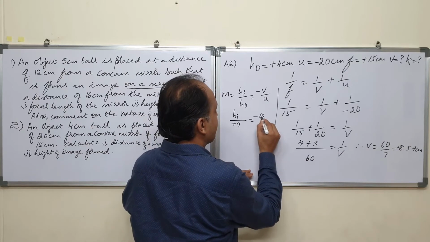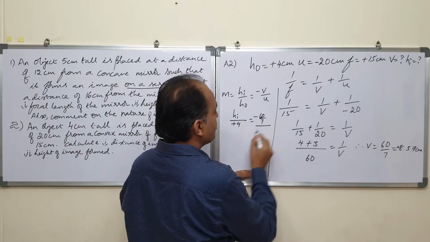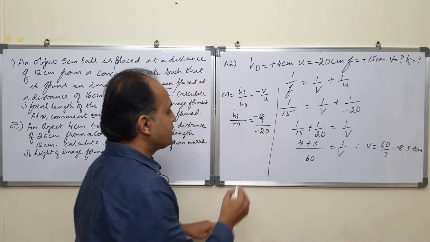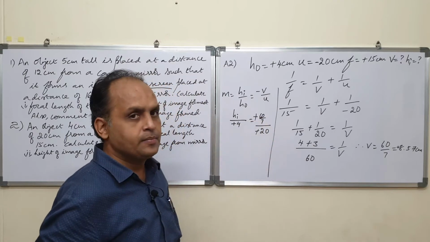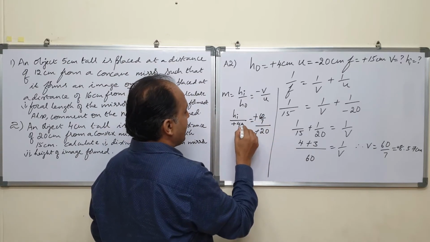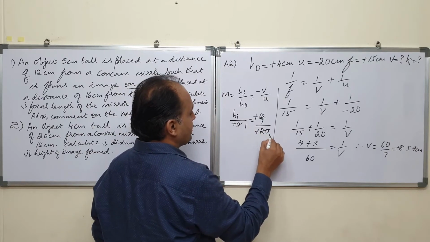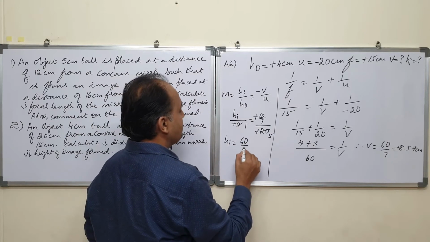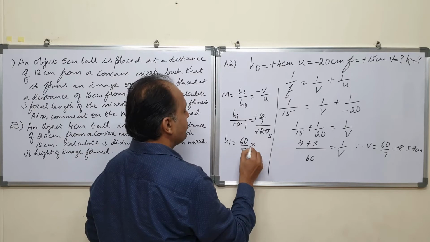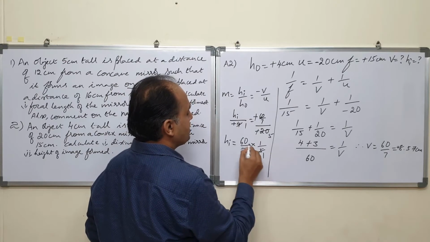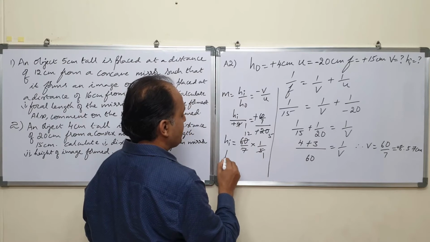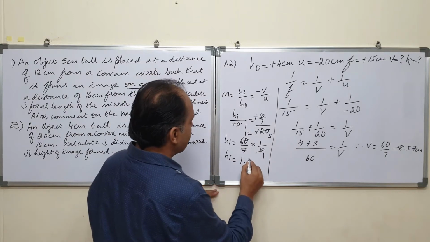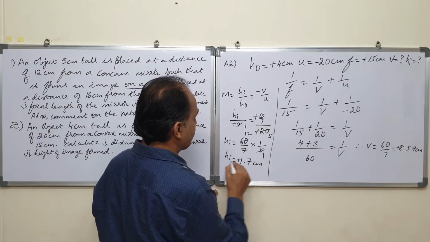So it is minus 60 by 7 by u. u is minus 20 centimeters. So this minus and this minus get cancelled here, and then we will cancel this also. 4 ones are 4, 4 fives are 20. So hi is equal to 60 by 7 into 1 by 5. 5 ones are 5, 5 twelves are 60. So we got 12 by 7. So hi is equal to 1.7 centimeters, which is also positive.